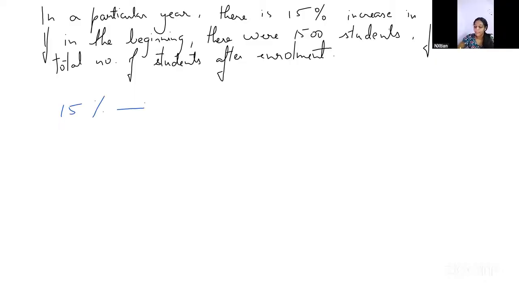So we do, Joshua, 15 upon 100 into 1500. So 225.